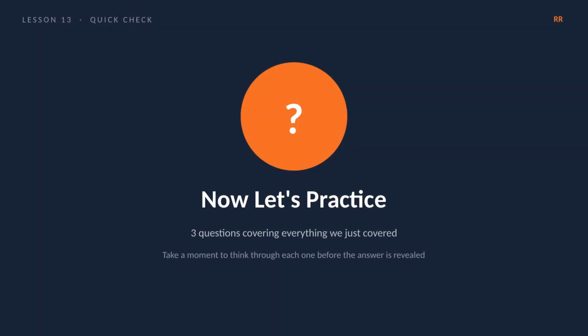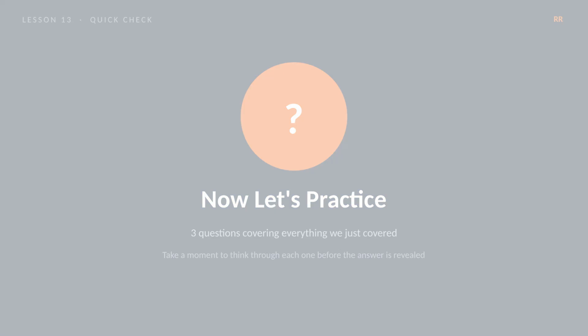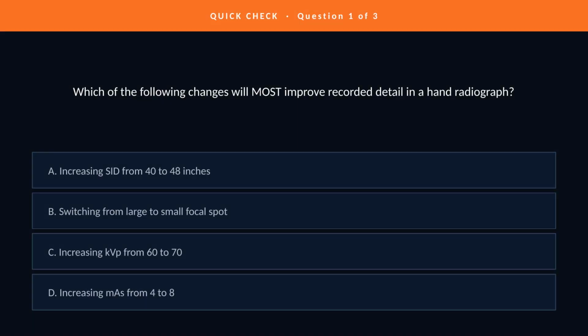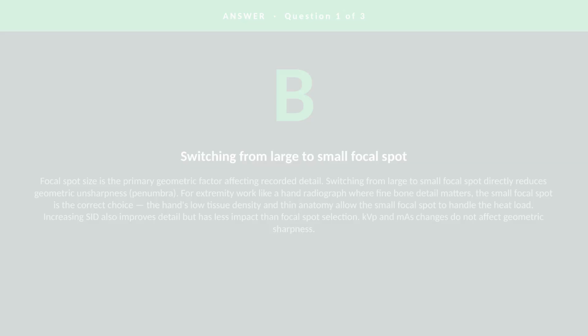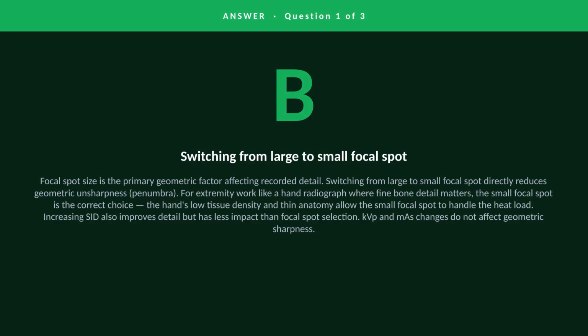3 recorded detail questions. 1 requires calculation. The answer is B, switching from large to small focal spot. Focal spot size is the primary geometric factor controlling recorded detail. Switching directly reduces geometric unsharpness, penumbra across the entire image.